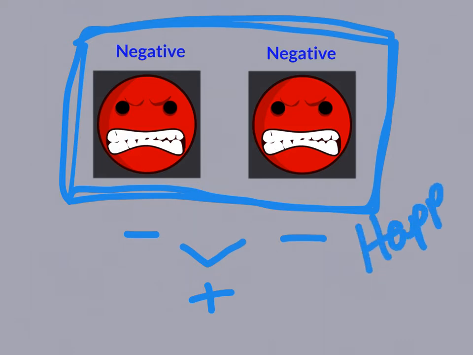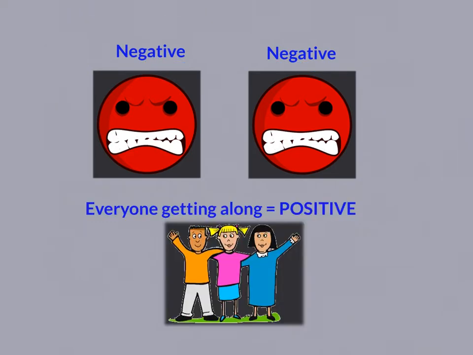So a negative and a negative are always going to give us that positive. Seems kind of weird and counterintuitive, but it's true. And here they are. Everybody's getting along because they all get to be all negative together, and it's a positive situation.